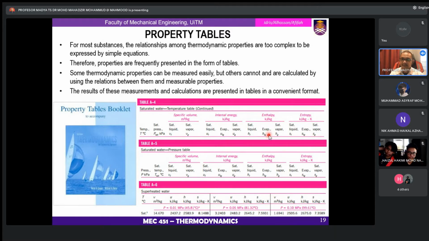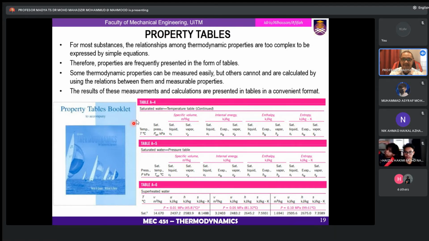H as well, same as I said, ada hf, hfg, and hg. So from there, we have table A4, the saturated water table. Same as I mentioned, properties yang ada tu disenaraikan, listed there. And another table is table A6, for superheated water.